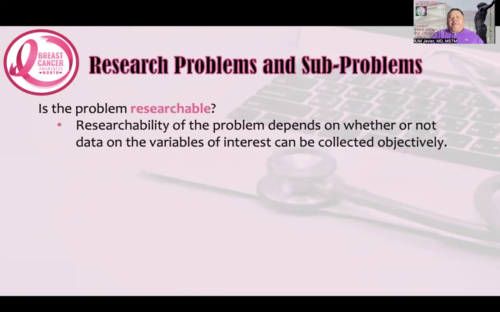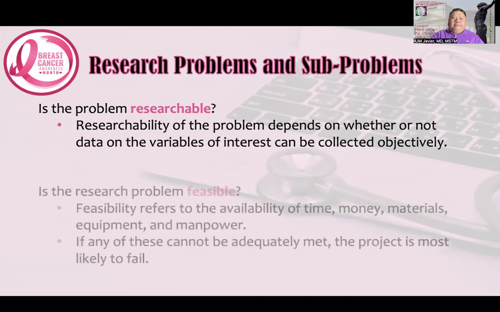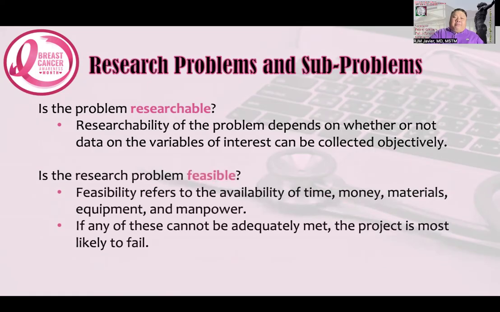Again, when you say a problem is researchable, it tells us that there is opportunity for us to objectively collect data with regard to the variables of interest. Researchability of the problem depends on whether or not data on the variables of interest can be collected objectively. Is the research problem feasible?